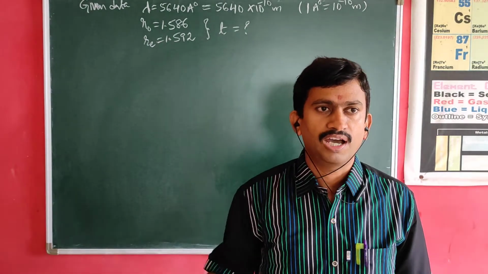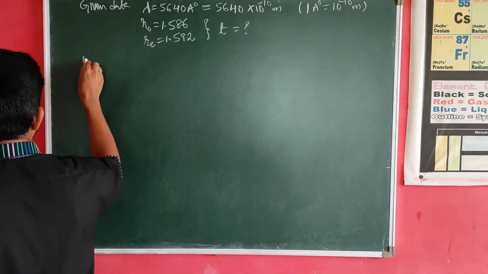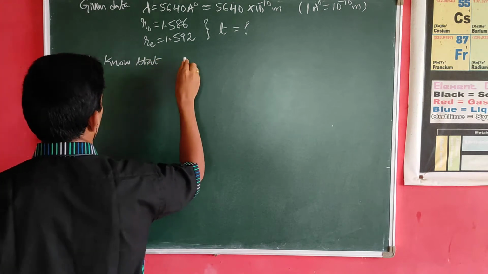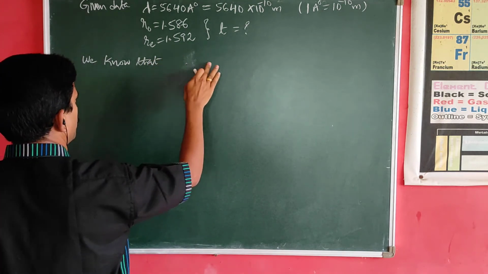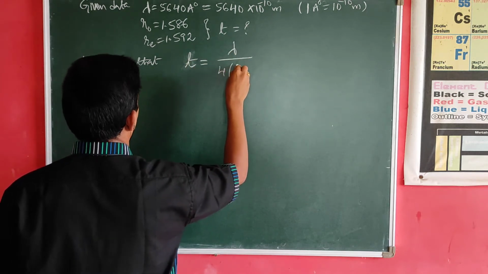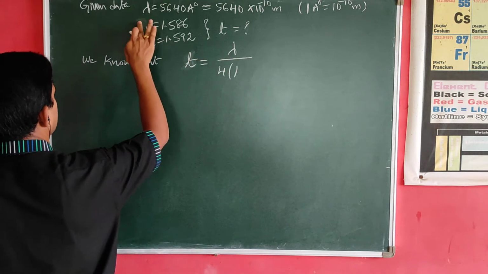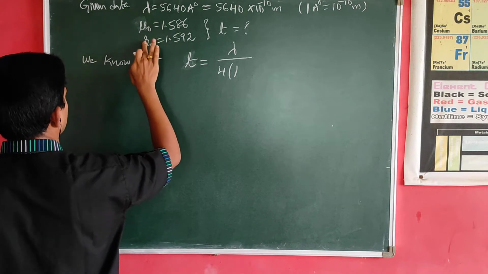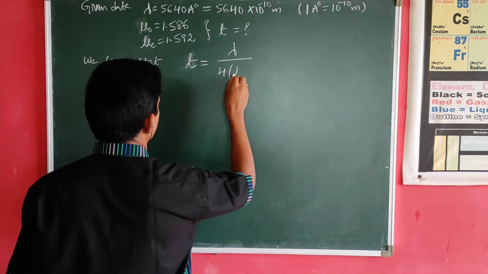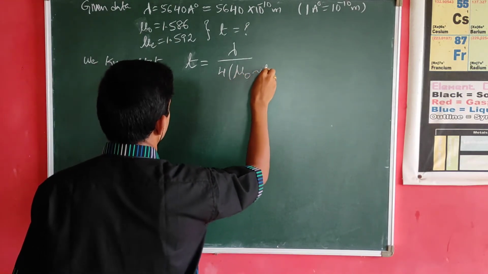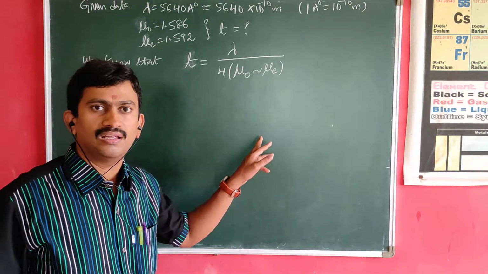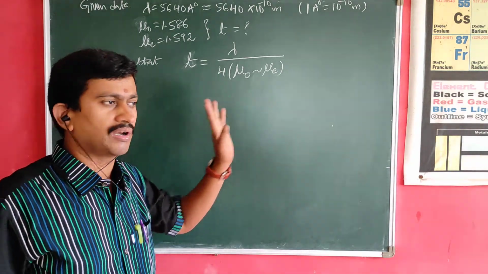We know that the formula for quarter wave plate is thickness t equal to lambda by 4 into mu O minus mu E, where the indices of refraction are represented as mu O and mu E. This is the formula to find the thickness in the case of a quarter wave plate.